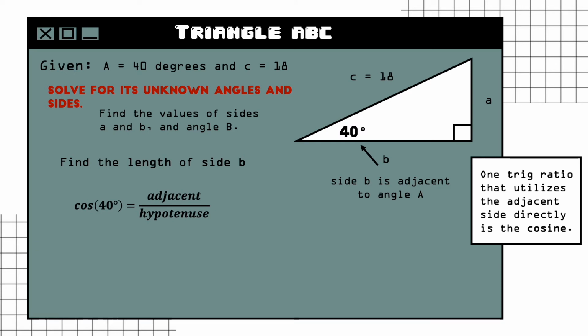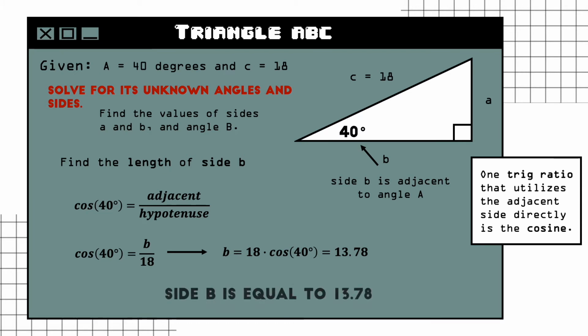We know that the hypotenuse is 18, so we can say that the cosine of 40 degrees equals B divided by 18. By manipulating the equation, we find that B equals 18 times cosine of 40 degrees, and that equals 13.79. We have solved B.